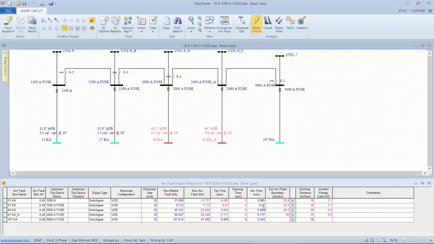The 1500 amp is tripping right at 70 milliseconds, 69 milliseconds, 117, and then the 3000 amp, again, is beyond the scope of the IEEE equation, but we see a trip time of 4.49 milliseconds.